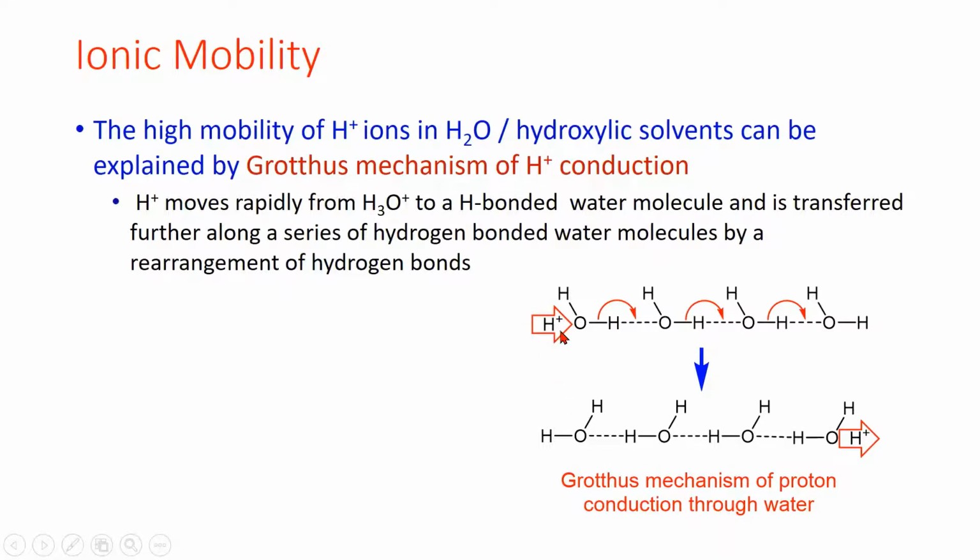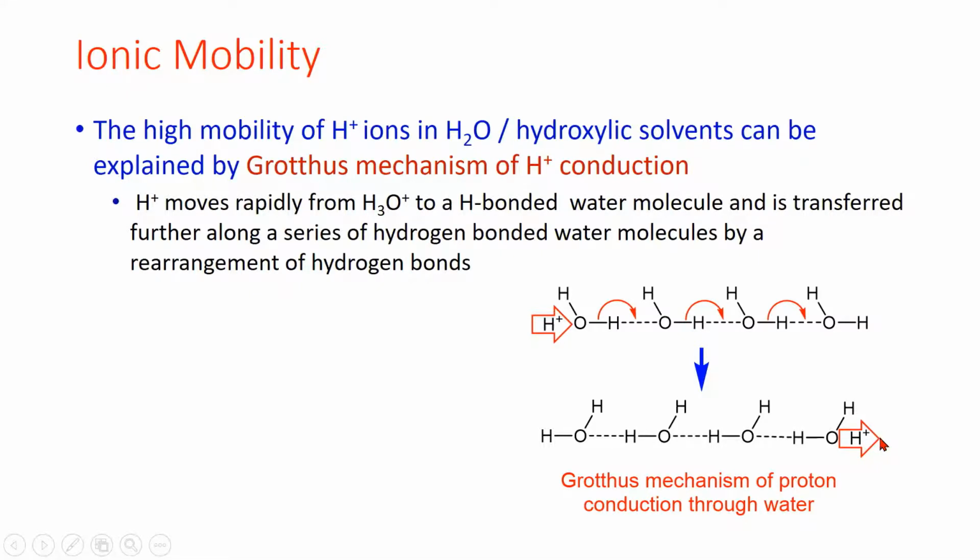H ion moves rapidly from H3O positive to the hydrogen bonded water molecule and is transferred further along the series of hydrogen bonded water molecules by a rearrangement of hydrogen bonds.